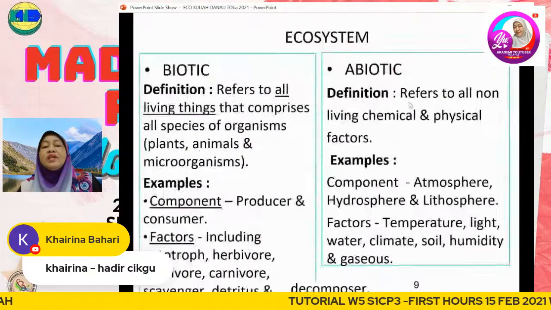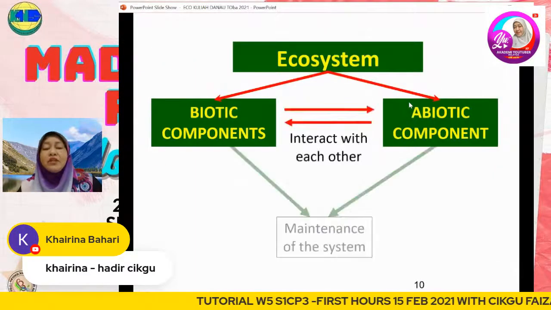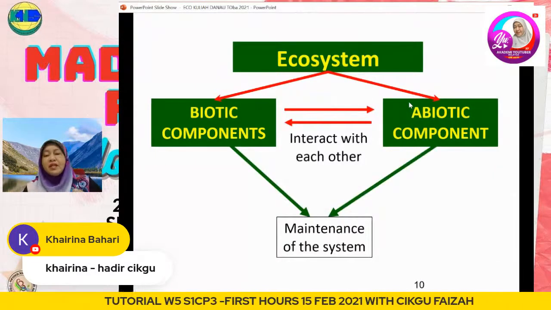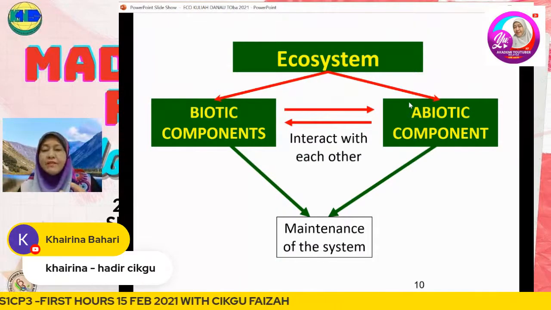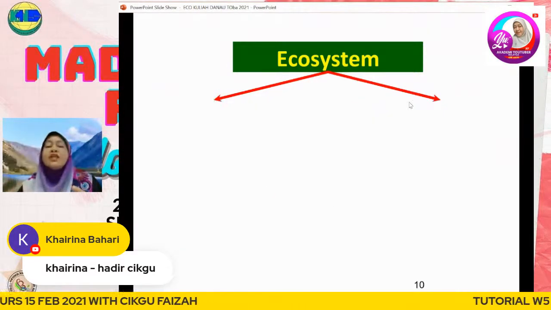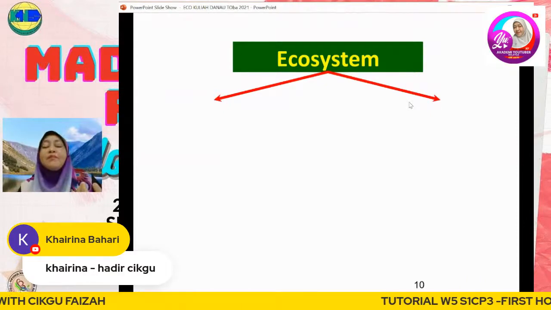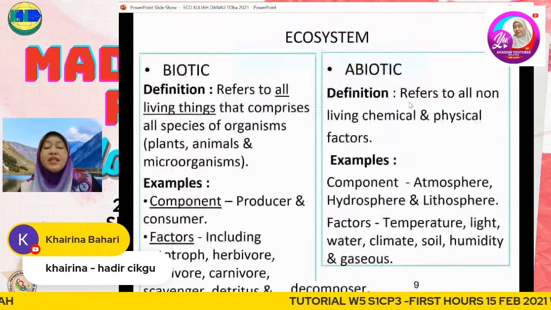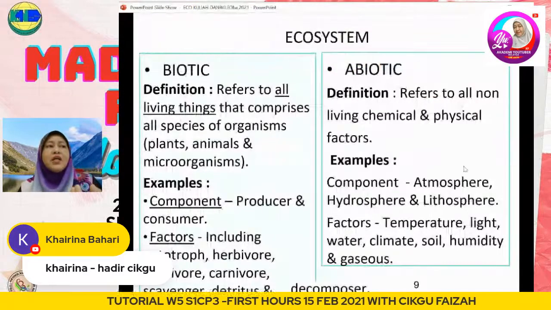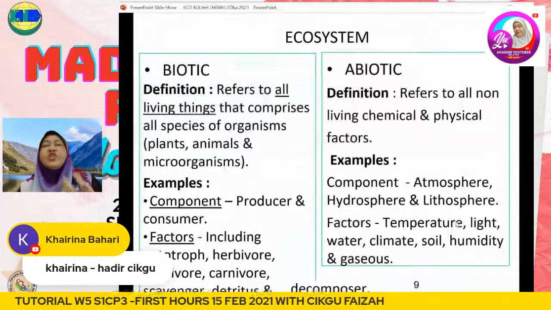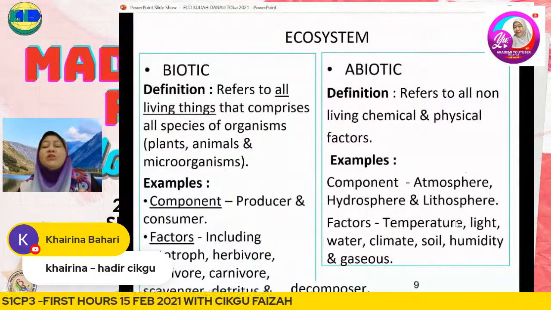So what is an ecosystem? In our class, they interact together and they must maintain the system with each other. If you recall the video that teacher showed earlier, why was it the same individual, the same tree, but showing a different color of flowers?